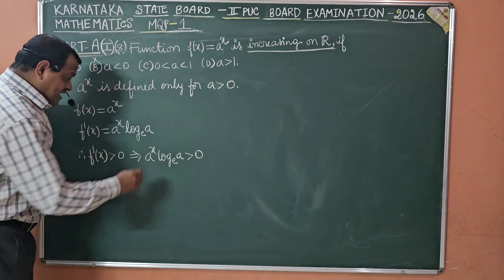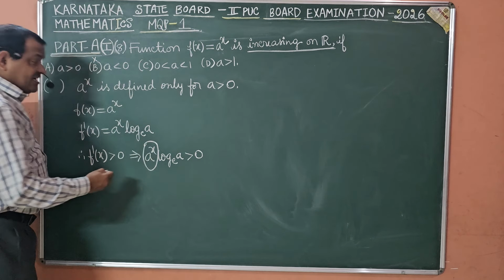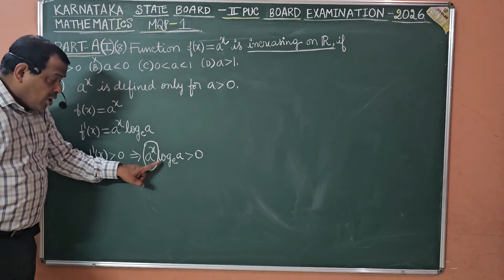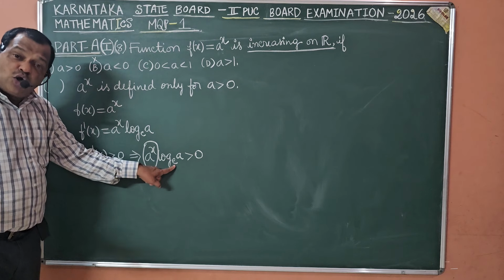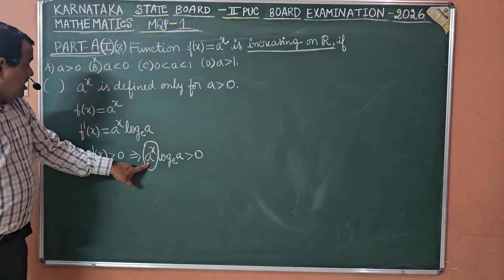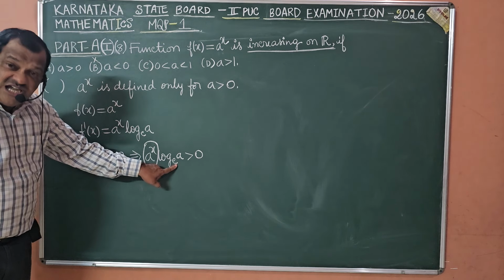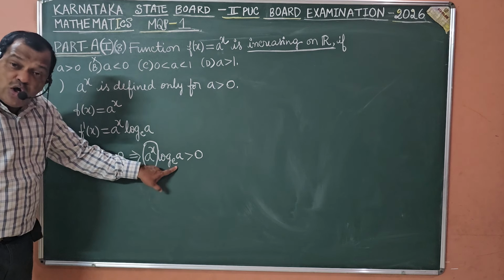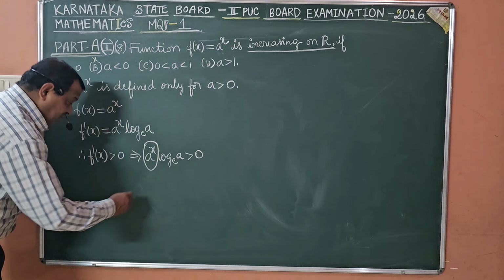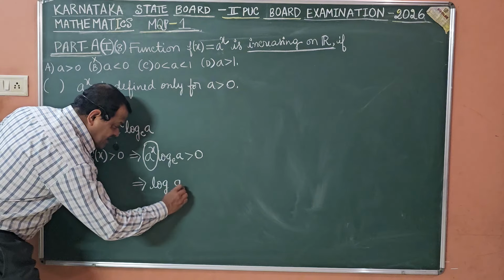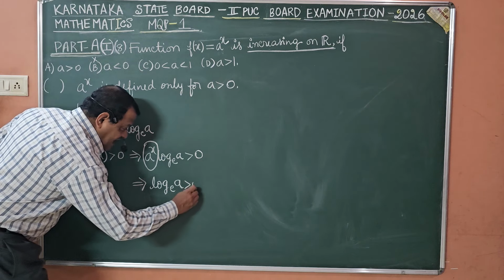But I already said a power x is greater than 0. Therefore, log a base e should also be greater than 0, because positive into positive becomes positive. Therefore, log a base e must be greater than 0.